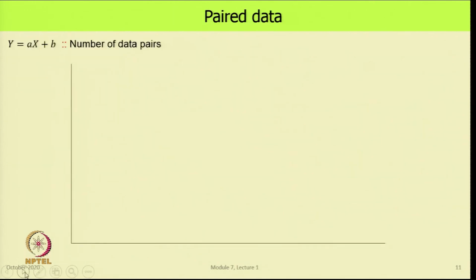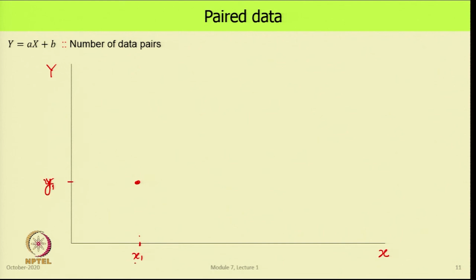First, what is the idea of having what we call paired data? And what we plot here is values of x here and y. From the same experiment, we picked out these data and we plotted them here. So, for x, say we got value x1 here and we got this data point here, y1.